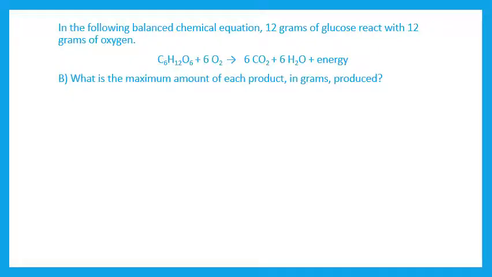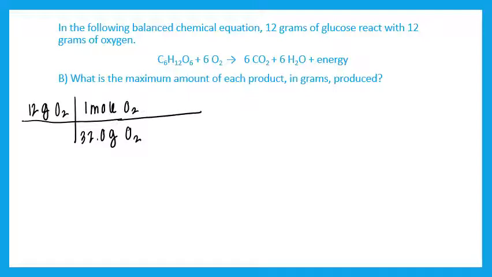So here we want to know the maximum amount of each product in grams produced. Remember, one thing that we can tell from our limiting is the maximum number of grams of products able to be produced. So I'm going to do my molar mass, get that mole ratio, and be able to determine this.